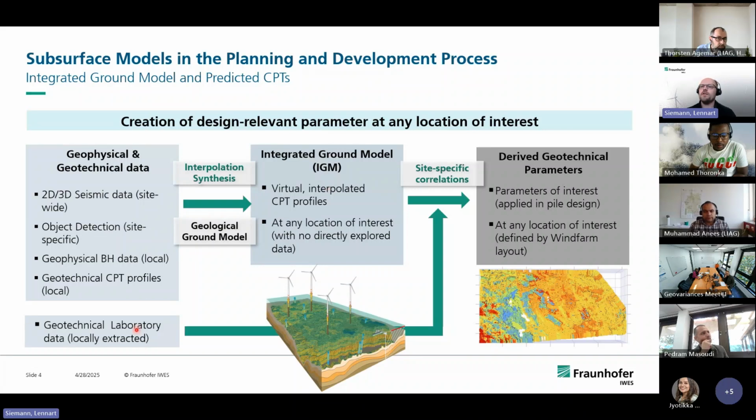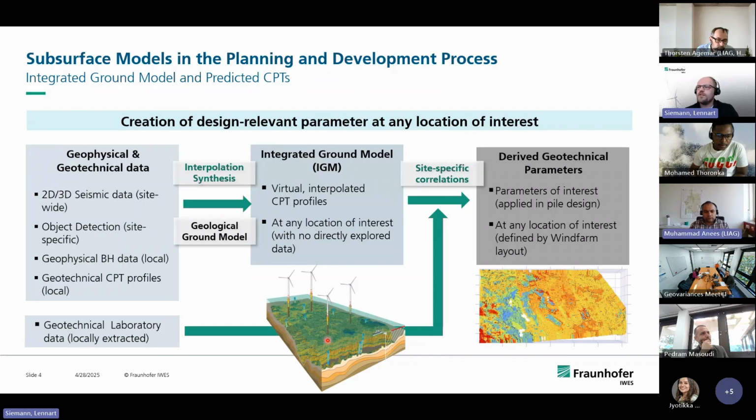We also have geotechnical laboratory data normally, of course, which plays also a huge role, which will not be focused on in this work here. And then at the end of the day, what we want to do, specifically also at IWES, is create site-specific geotechnical parameters, because they are interesting for the design of monopile foundations, or in general foundations of offshore wind turbines, as you can see here.